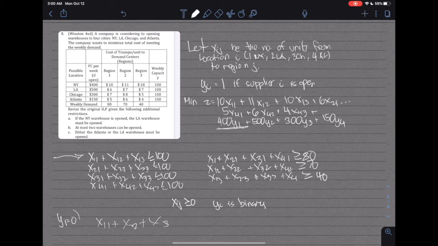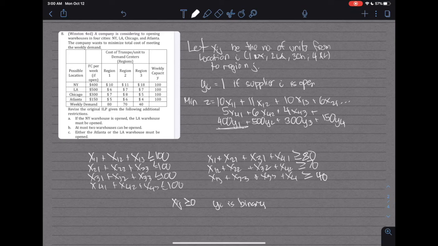Note that if y1 is equal to 0, this means that plant 1 should be closed. Therefore, automatically x11, x12, and x13 should be equal to 0. What we can say is that the demand of a plant determines if it's open or not.